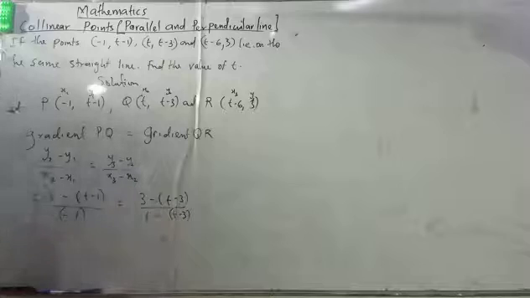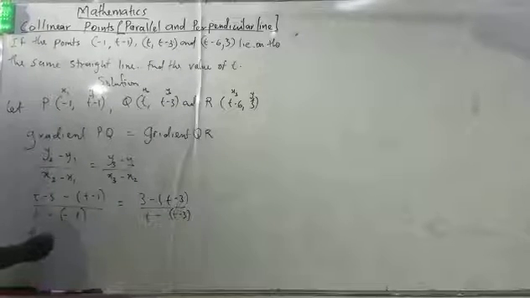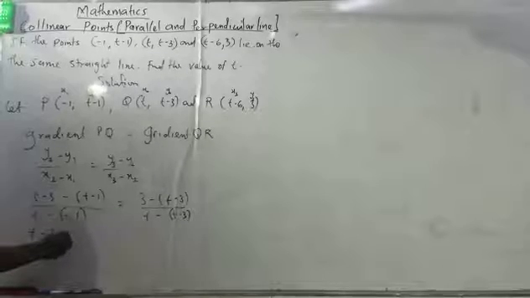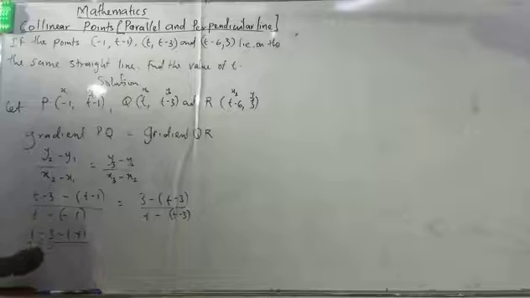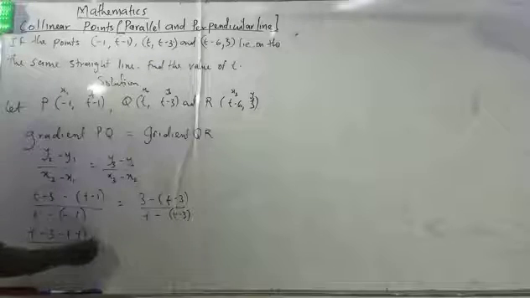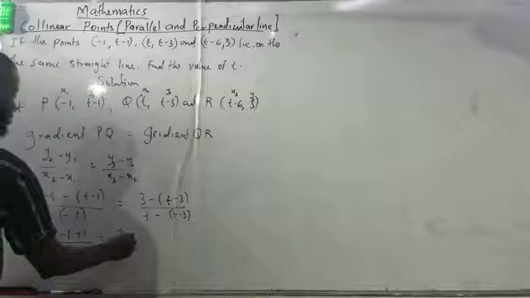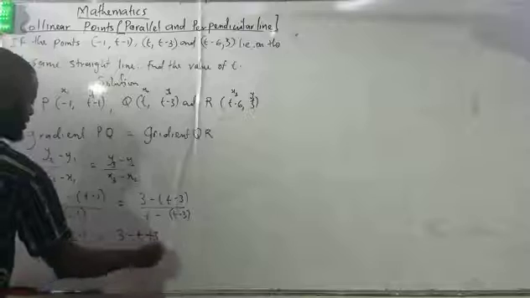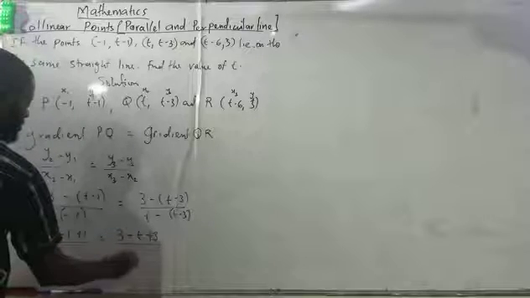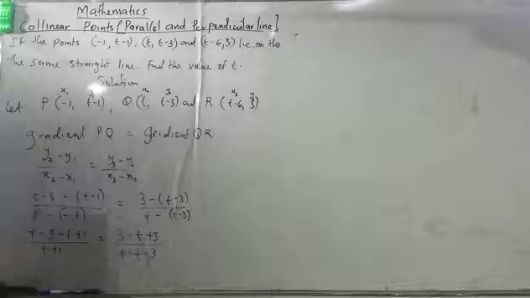Now, for us to move on, I can quickly say that t minus 3 minus t plus 1 divided by t plus 1, equals to 3 minus t plus 3 divided by t minus t plus 3.